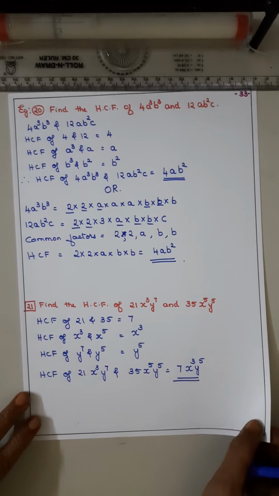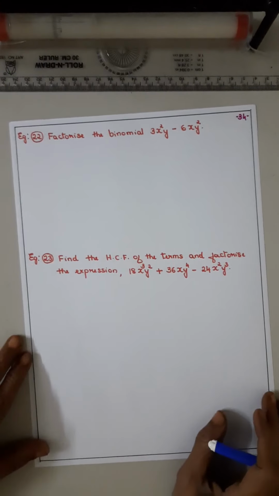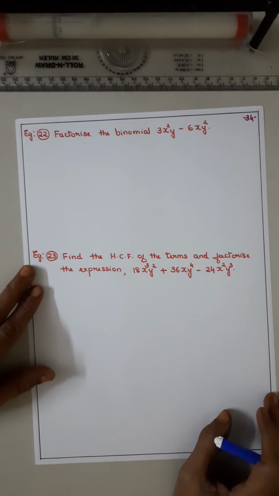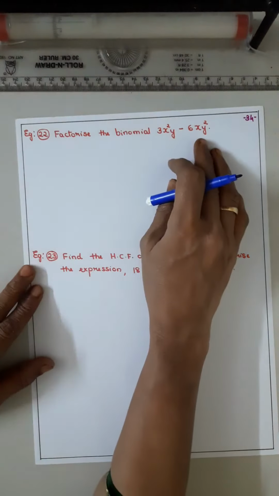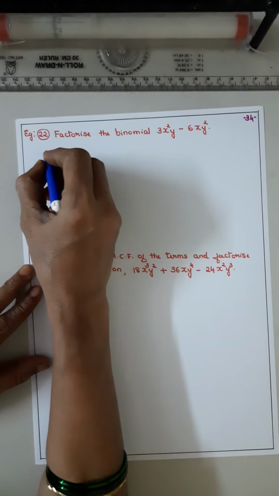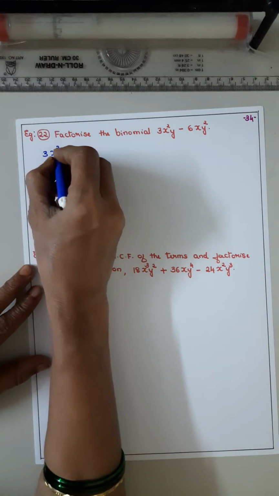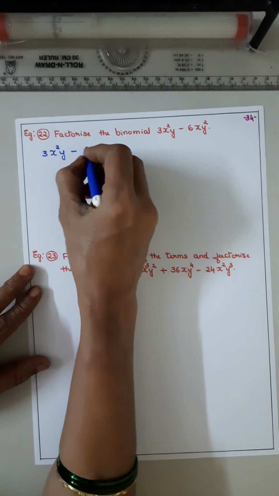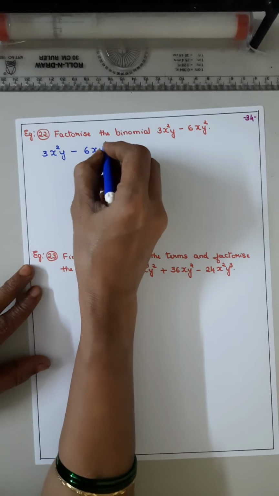Understood? Now coming to factorize the binomial. You have to factorize. How to factorize? So find out the HCF. So in both of these, 3x squared y minus 6xy squared.